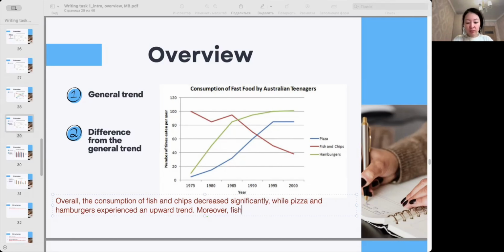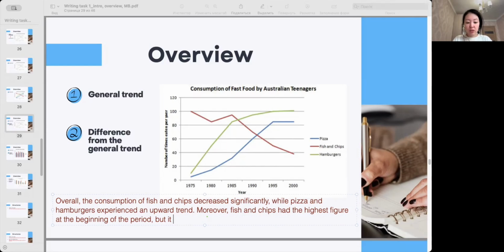So, moreover, fish and chips, let's say, had the highest, we cannot say percentages, figure. Yeah, figure will be the most neutral word in this situation. Had the highest figure at the beginning of the period.